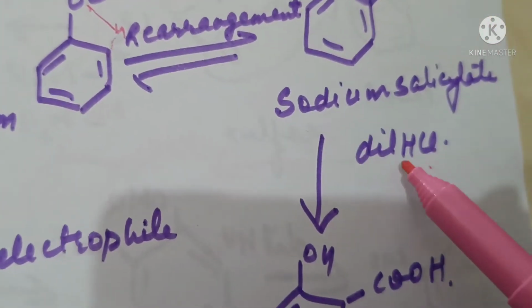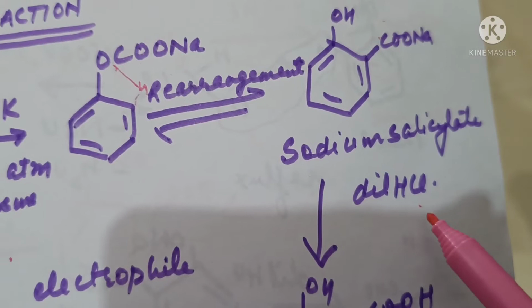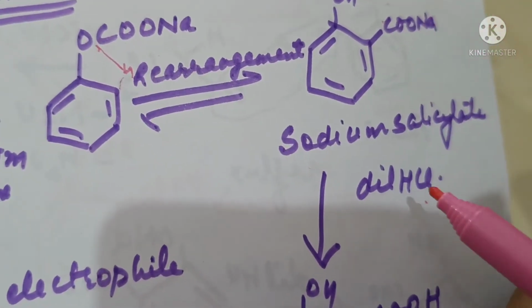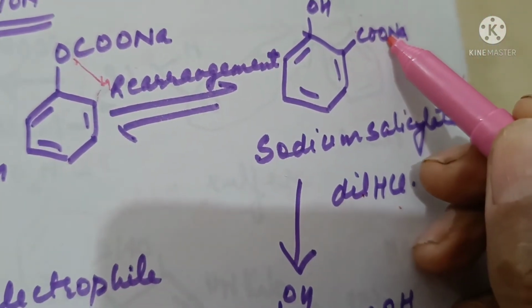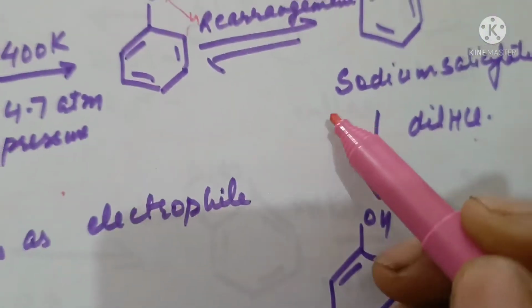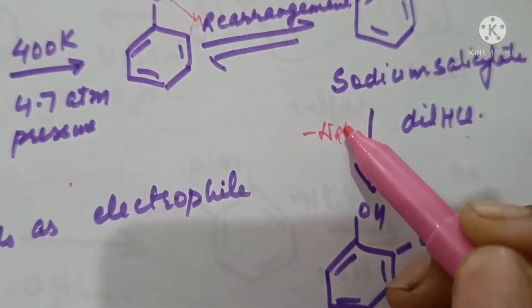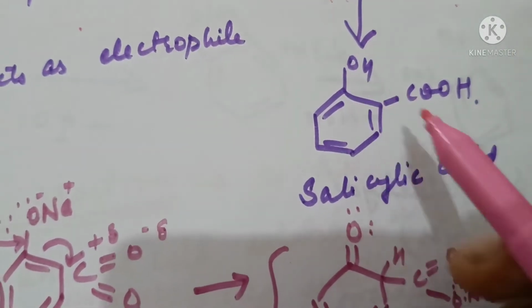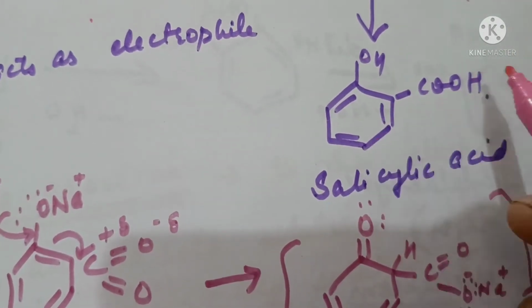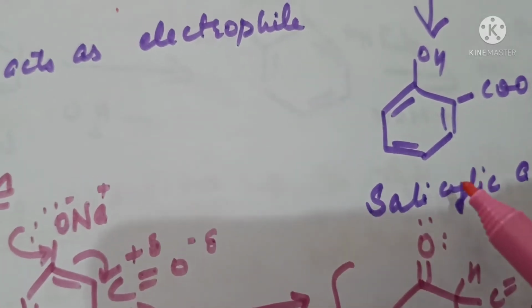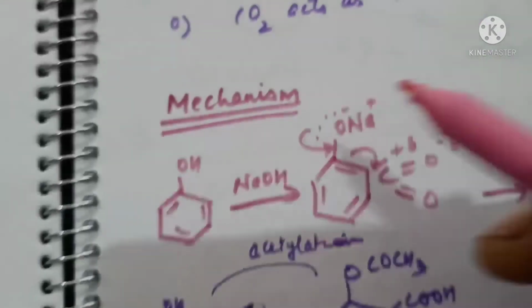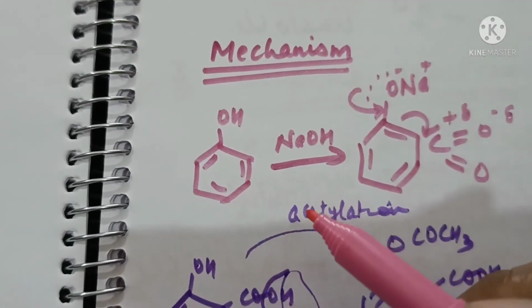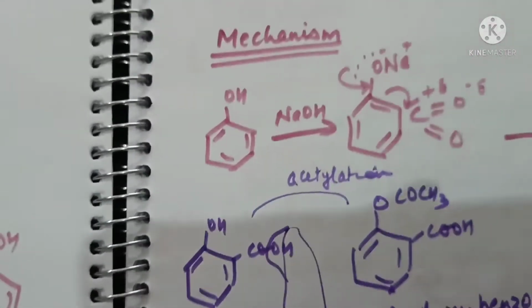When we acidify it with dilute hydrochloric acid, the H takes the place of Na and NaCl is taken out, and we get salicylic acid. Now this ortho-hydroxy benzoic acid or salicylic acid is a very important byproduct because it can be converted into important products.